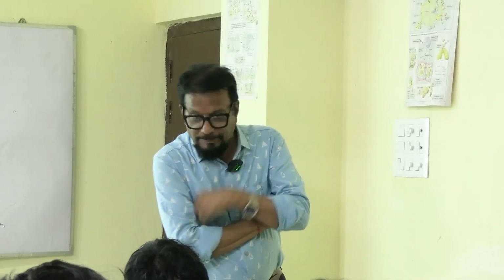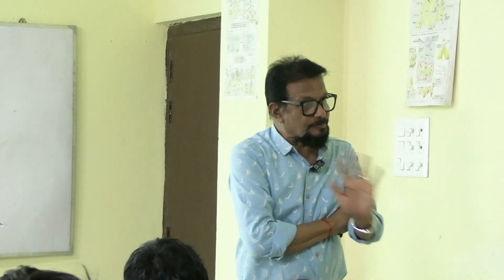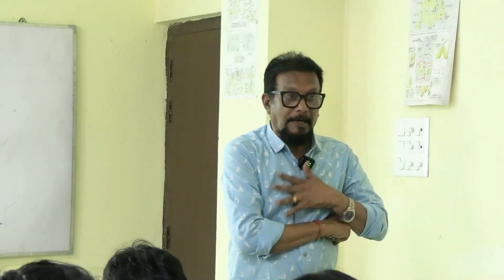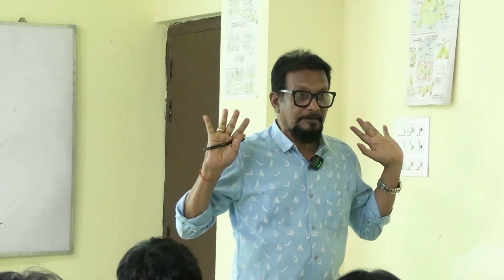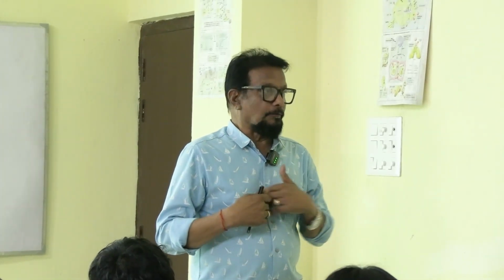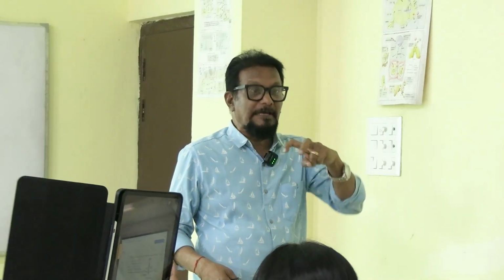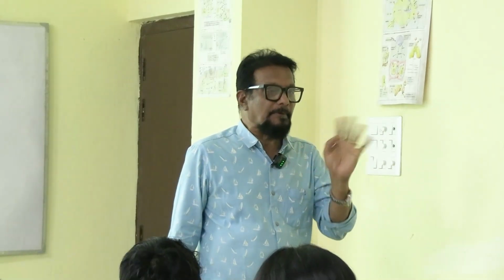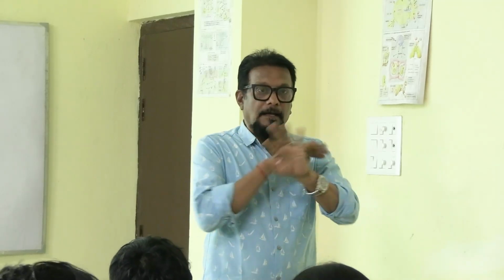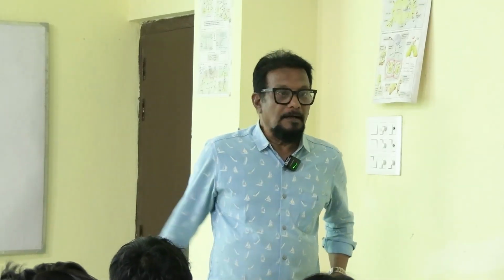So what is electrocardiography? Recording of the electrical activity of the heart from the surface of our body. During operation, open heart surgery, direct placement of electrodes can also be made, but conventionally it is not done. It is done from the surface of the body.